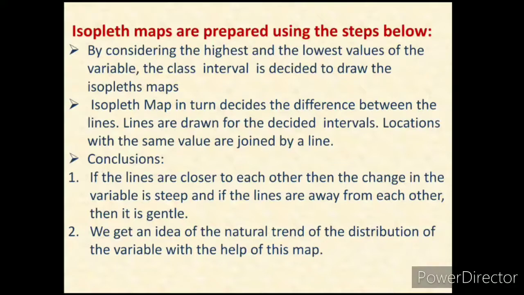So we have seen in the map some lines were very close to each other, so the changes in the variable were steep, and some lines were very far away, so the changes were less, that is gentle. We get an idea of the natural trend of distribution of the variable with the help of this map.